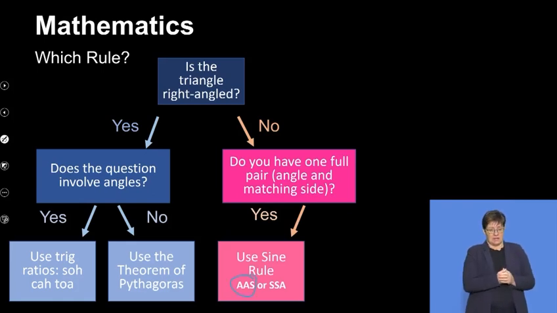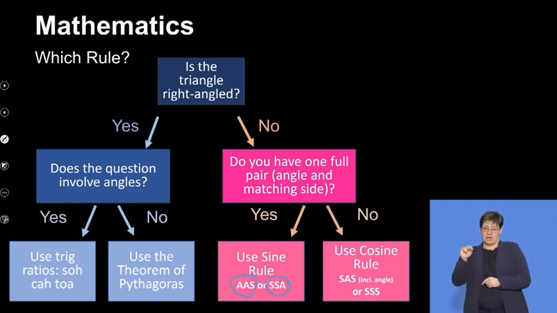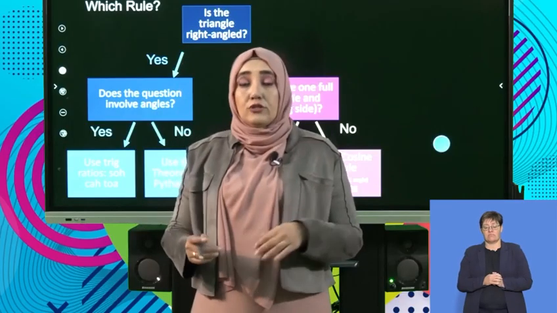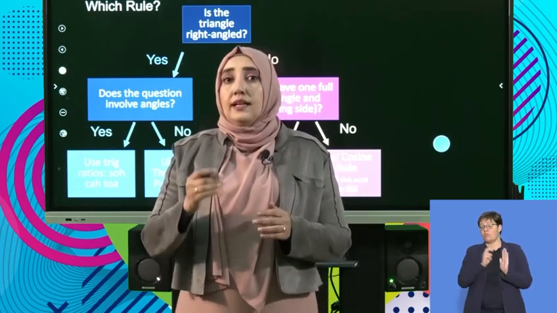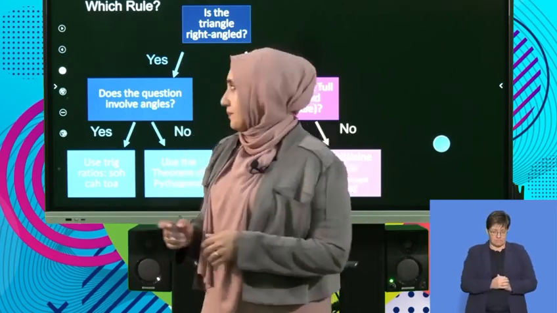So we either have angle-side or side-angle. Remember, not the included angle. But if we don't have one full pair, then we've got to use the cos rule. And again, cos rule is side-angle-side or three sides. Okay, so there was a quick recap of the rules. Let's get to our first example.